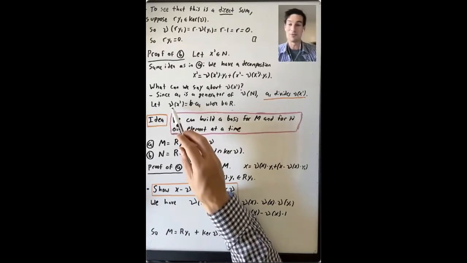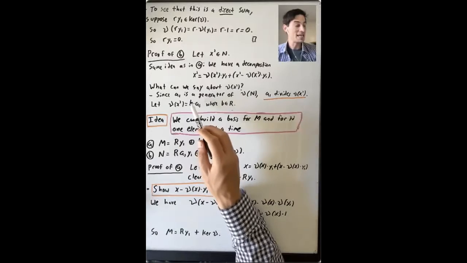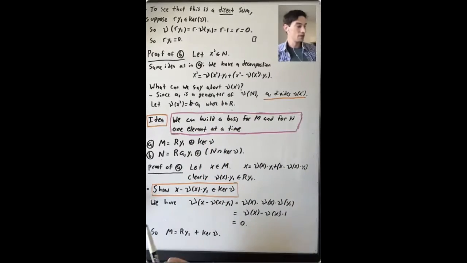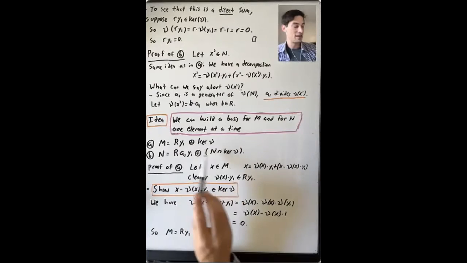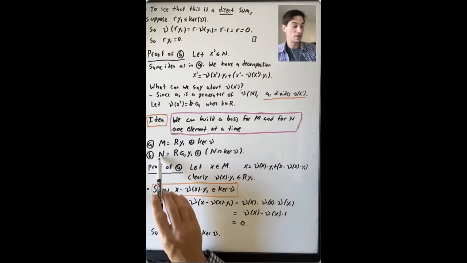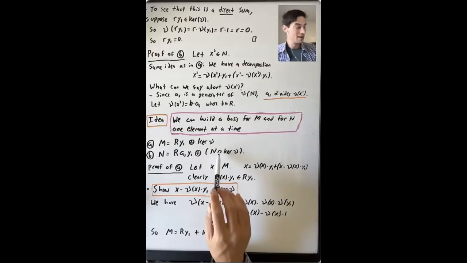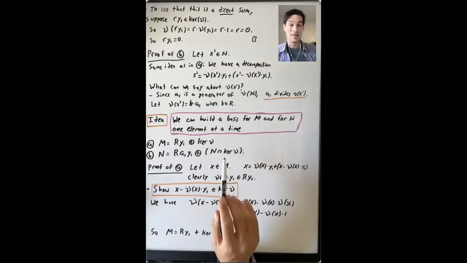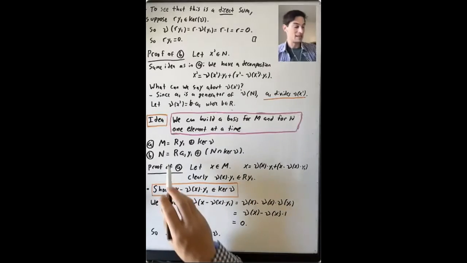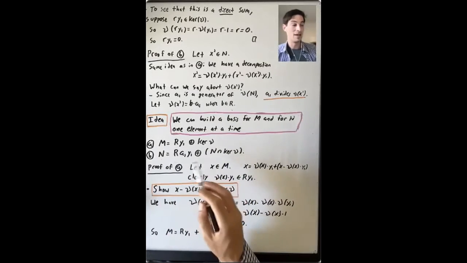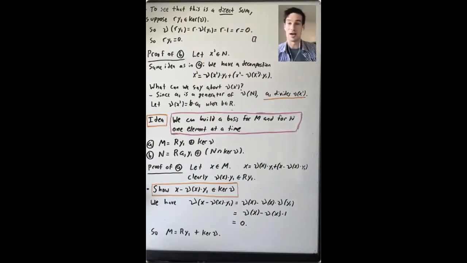So that means that we can write nu of x prime as b times a1 for some element b in the ring. So I need a little more space, so I'll pause and erase and then show you first that x prime can be written as something in R a1 y1 plus something in N intersect kernel of nu. And then I'll show you that not only is N the sum of these two submodules, but it's a direct sum using the same idea that we saw up here.